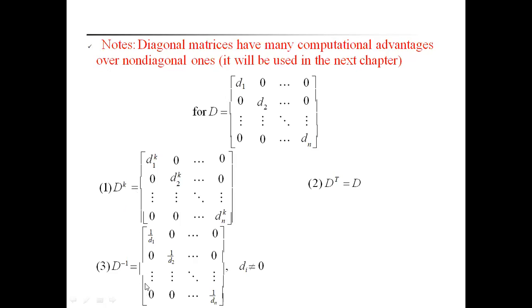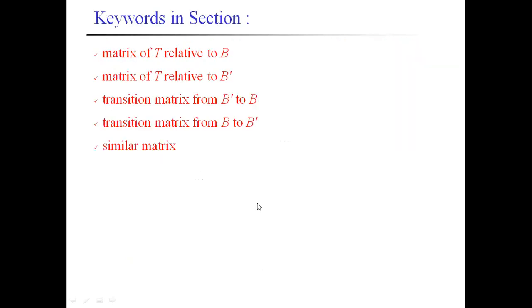D inverse we can also easily get: D1 inverse, D2 inverse, Dn inverse, that means 1 by D1, 1 by D2, 1 by Dn. One more important point is that the transpose of a diagonal matrix is itself: D power T is D itself.